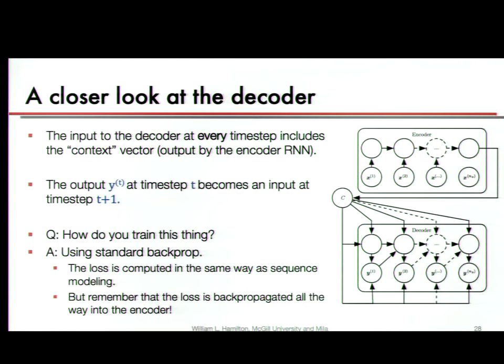So here again is a case where we're really sending information a pretty long way. If we're trying to translate sentences of length, say, 10 to 20 words, these are 40 length sequences, we want the learning signal to be propagated all the way through this prediction task down here, all the way into this encoder. And again, that's a reason why having these LSTMs, having this good gradient flow, is very important.